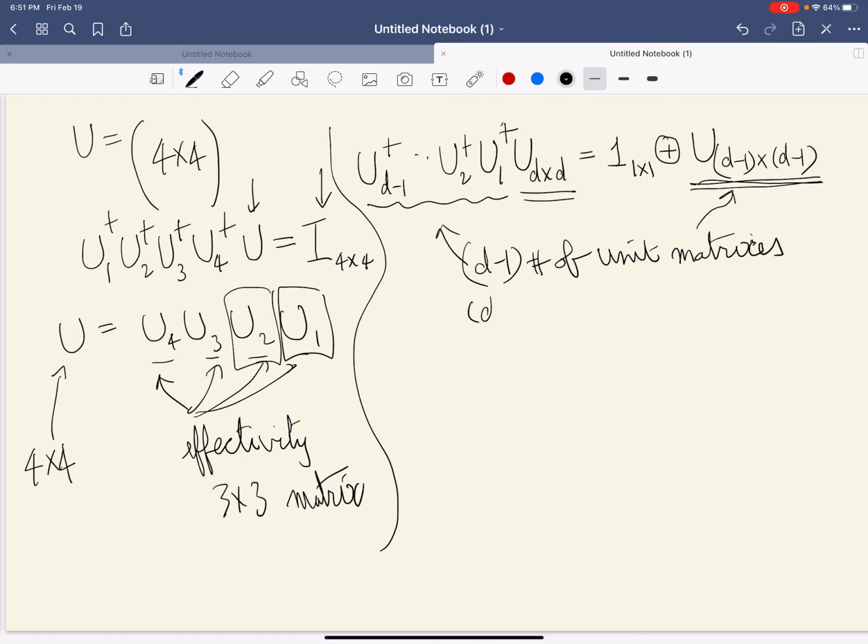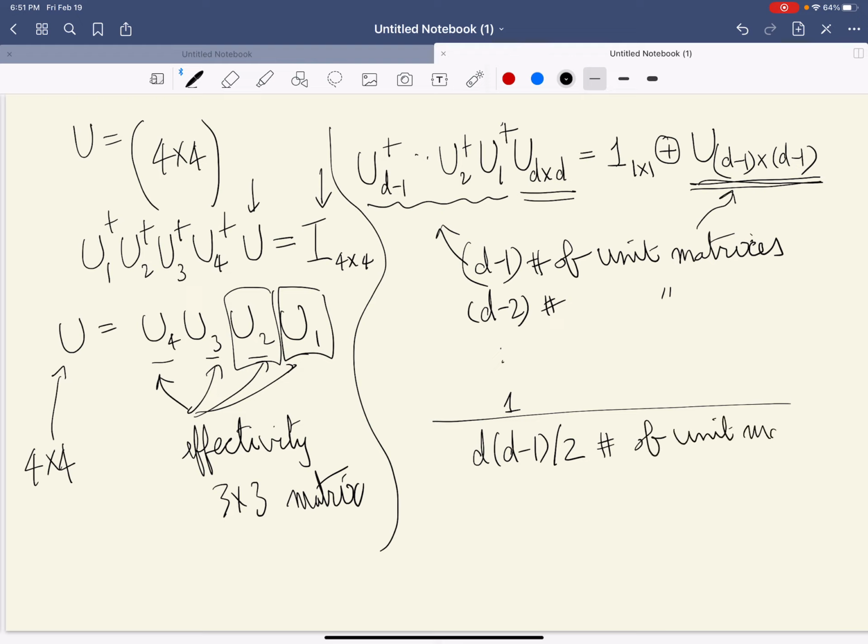And at the next stage, you will require d minus 2 unitary matrices, and so on until you finally require only one matrix. So at the most, there will be only this many matrices in order to completely break down these unitary matrices into much smaller units.